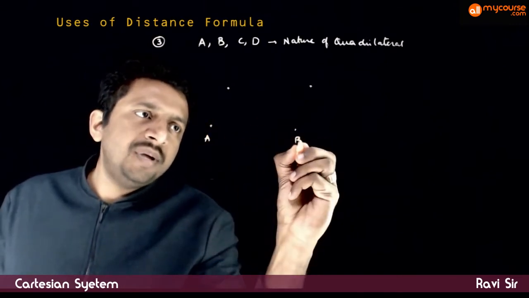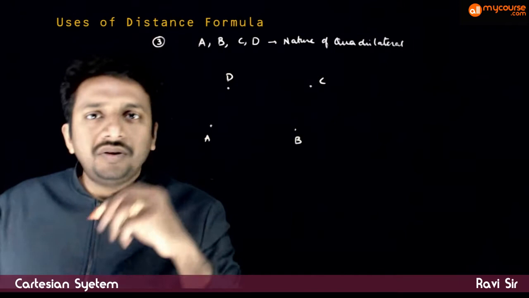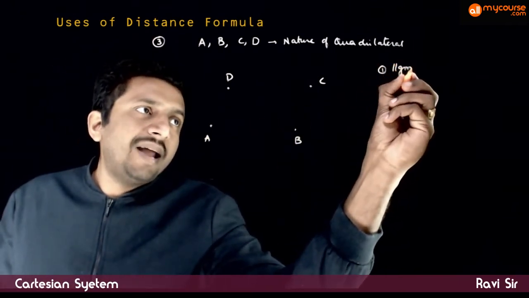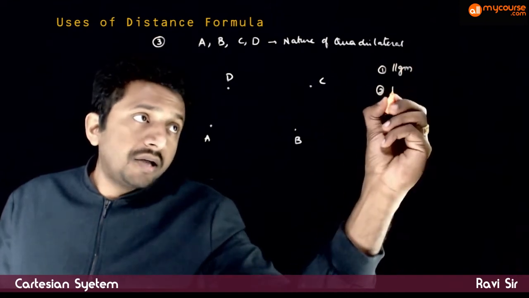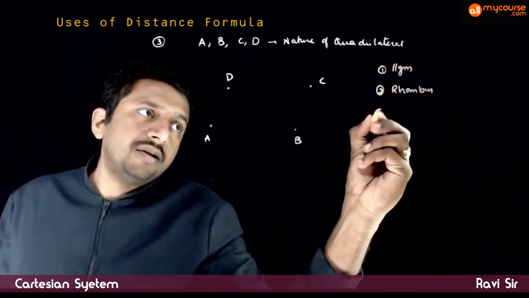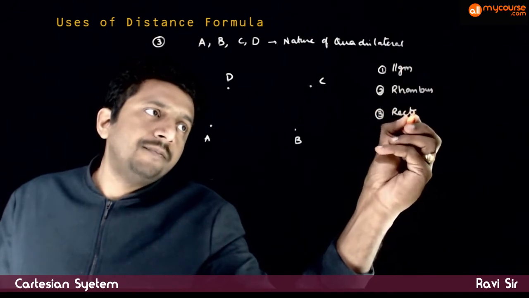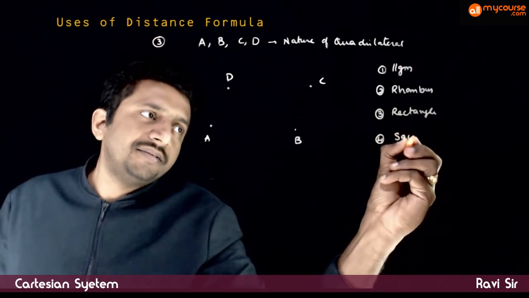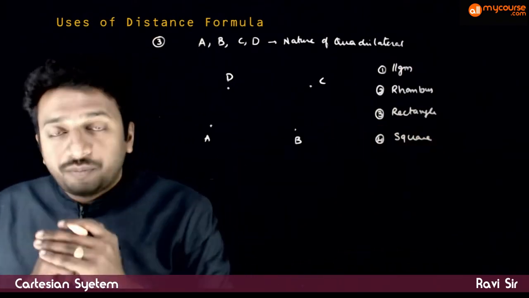You can determine whether A, B, C, D forms a parallelogram or a rhombus or a rectangle or a square using just the distance formula.